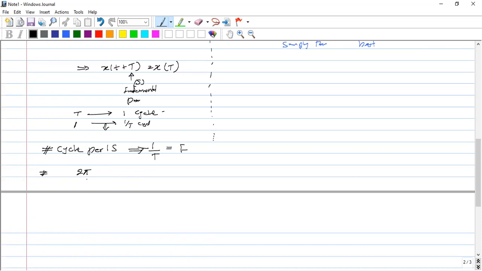To complete 2π radians, it takes time T.